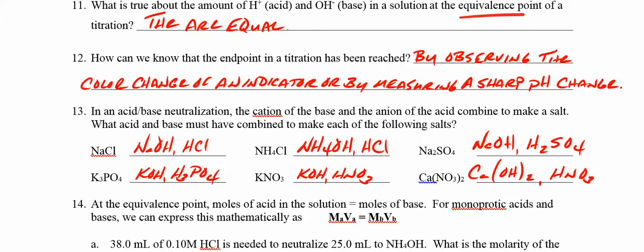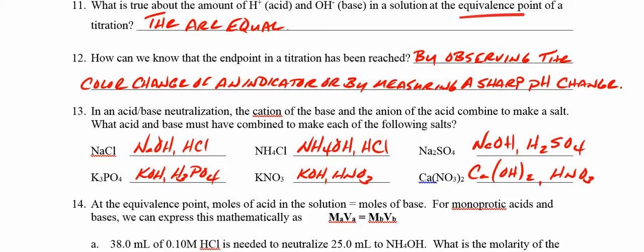The hydrogen from the hydrochloric acid and the OH minus from the sodium hydroxide combine to form the sodium chloride. So when you mix hydrochloric acid with sodium hydroxide, you're going to get sodium chloride.